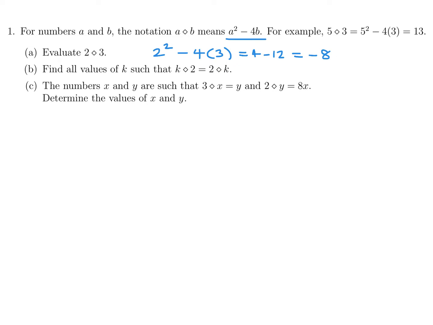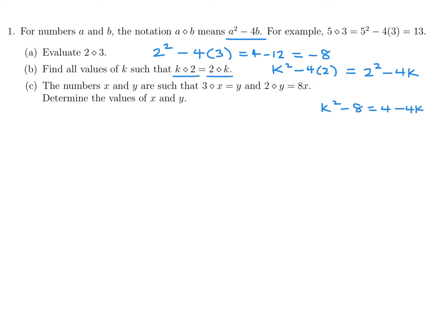Part B. Find all values of k so that k star 2 is equal to 2 star k. So I think we'll have an equation here. The first part is k squared minus 4 times 2, and this part is 2 squared minus 4 times k. So solving, we get k squared minus 8 is equal to 4 minus 4k.